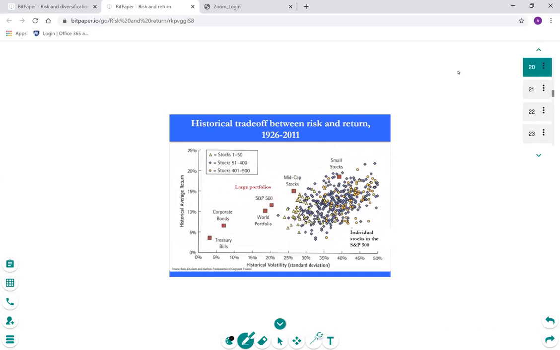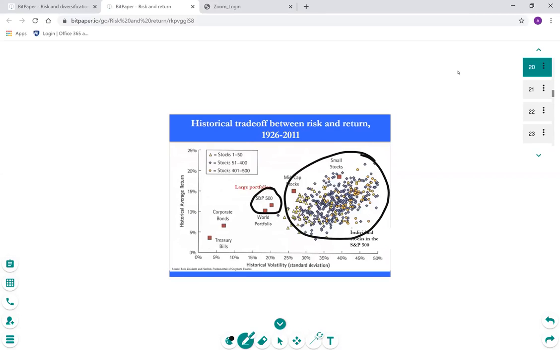So there's actually one thing I want to point out here, and that's the fact that you have all these stocks clumped over here on the right-hand side of the chart. And these are all the individual stocks in the S&P 500. But the S&P 500, a portfolio of the S&P 500 as a whole, is sitting over here. It's all the way to the left of all the individual stocks.